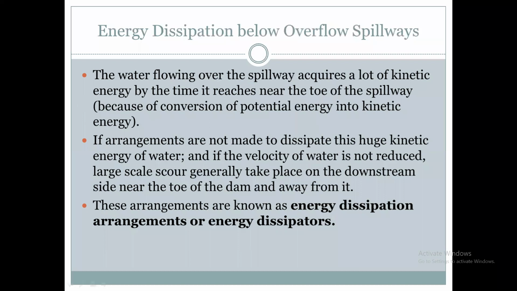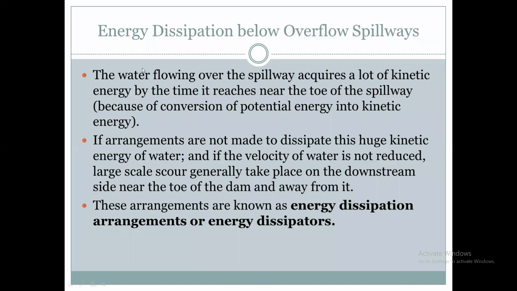When the water reaches the toe of the spillway, it acquires a lot of kinetic energy due to the conversion of potential energy into kinetic energy during the flow of water.